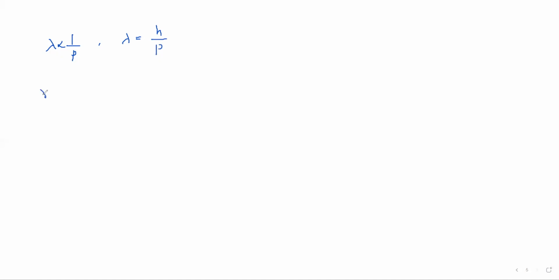And this we can write as the wavelength lambda equal to h by mv also. Why can we write h by mv?